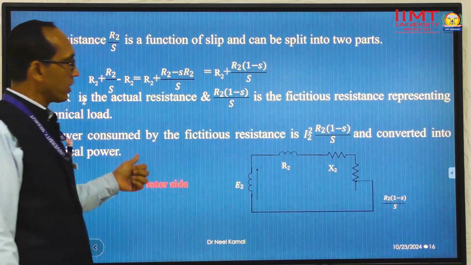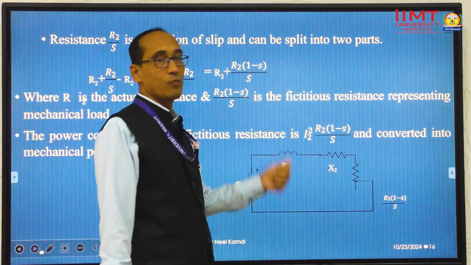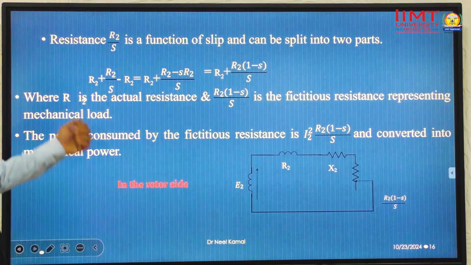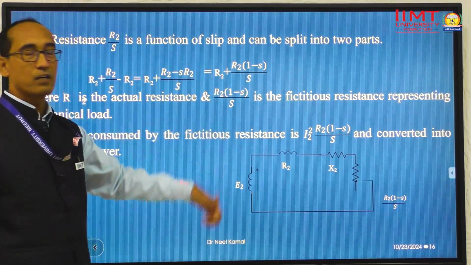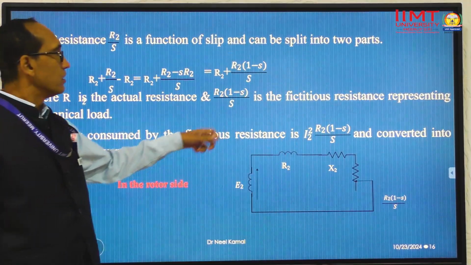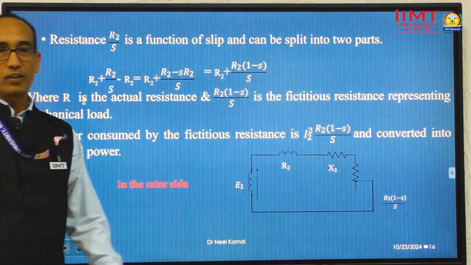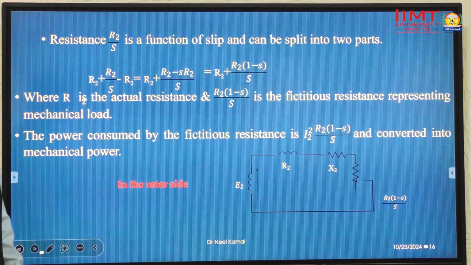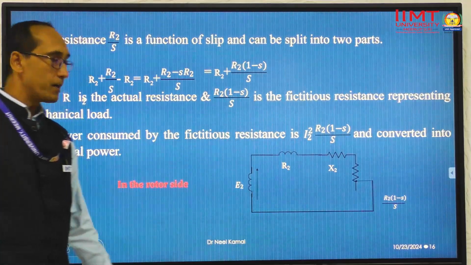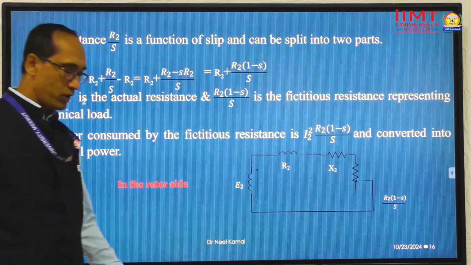Power consumed here will be converted by this system only. We have the rotor resistance having two different parts. One is the electrical part and second is the mechanical part of resistance. That mechanical part of resistance, in which power consumed will be converted into mechanical power, because we have the motor concept according to Fleming's left hand rule.